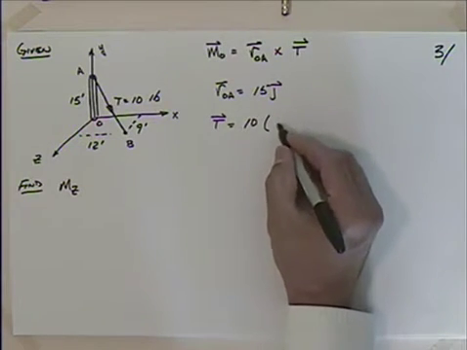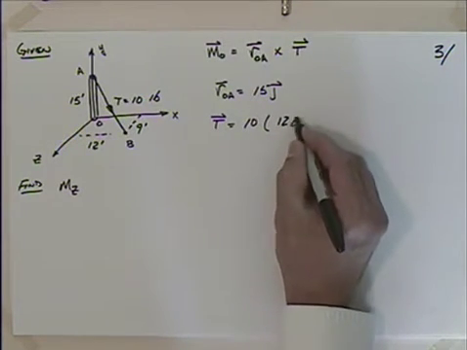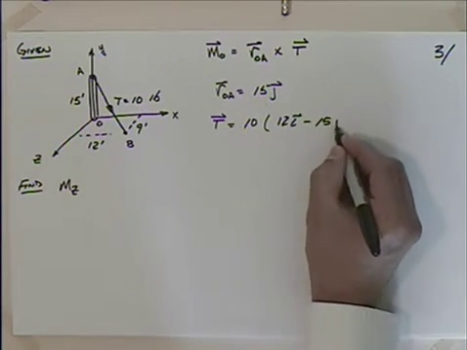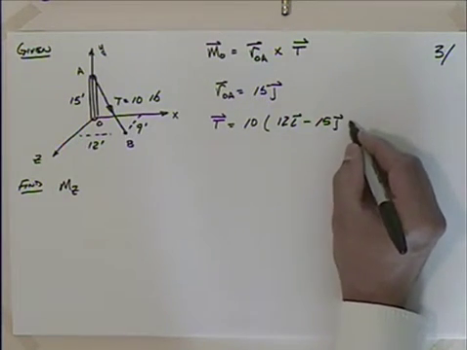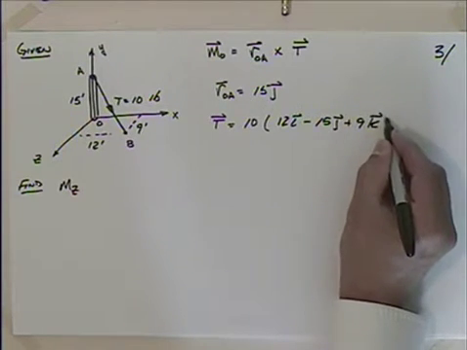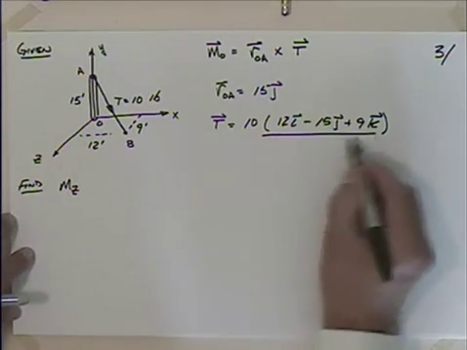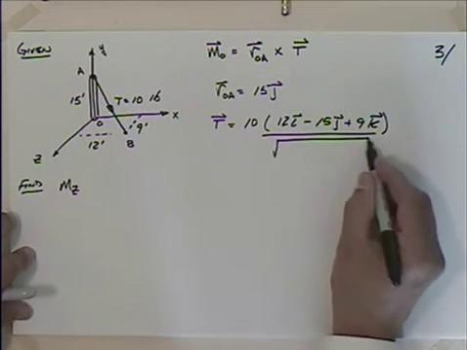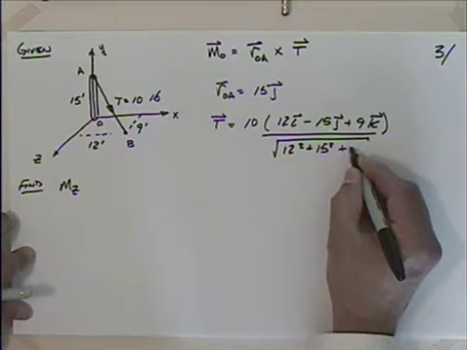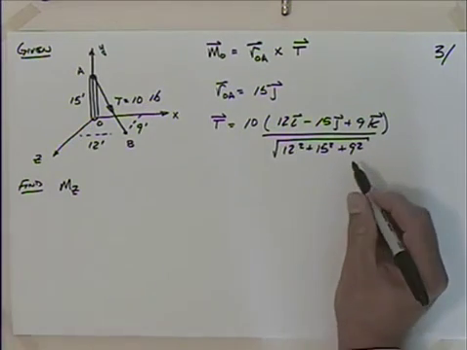I would have to go 12 in the I direction, minus 15 in the J direction, and then plus 9 in the K direction. Let me then divide by that magnitude, the square root of 12 squared plus 15 squared plus 9 squared. The negatives go away when you square it.